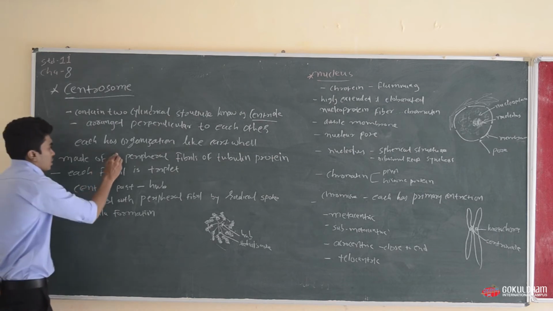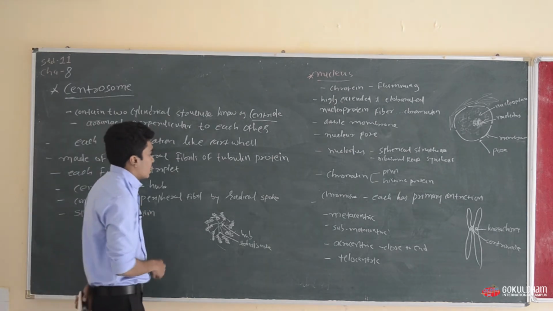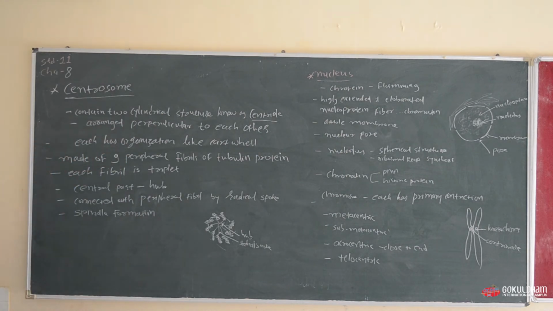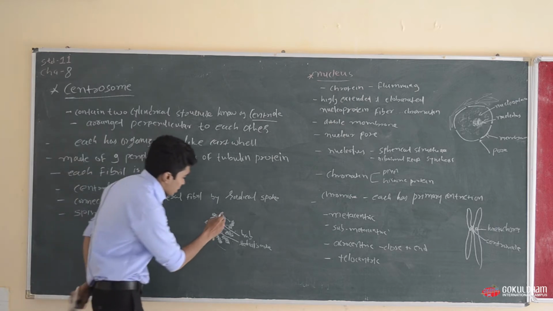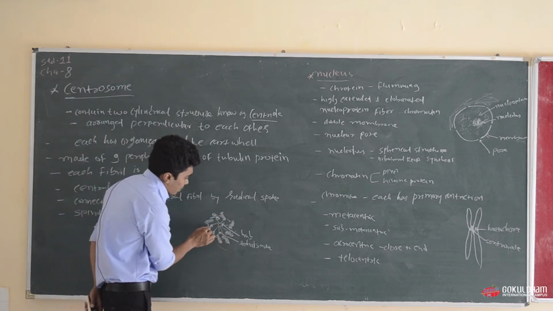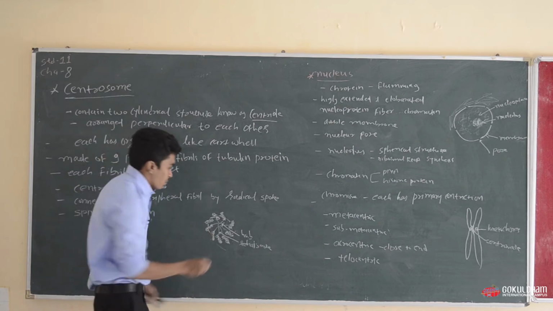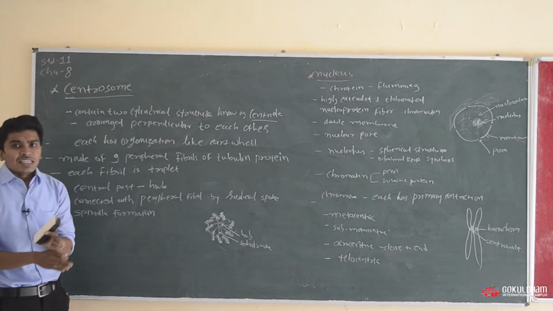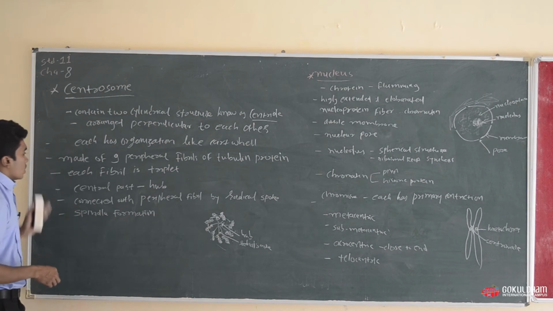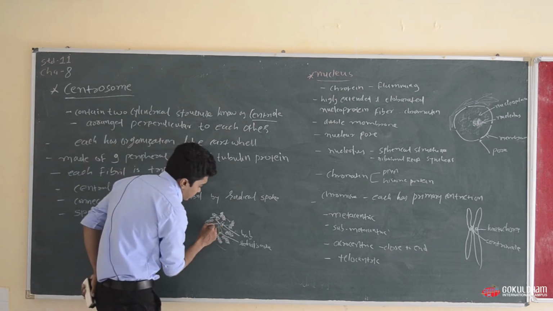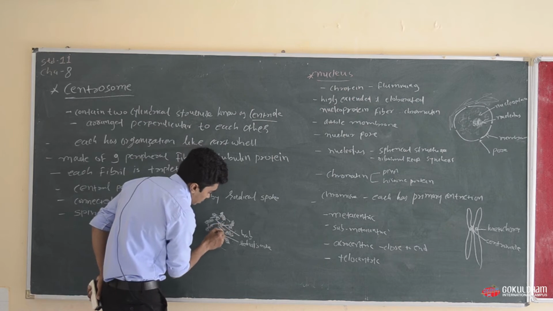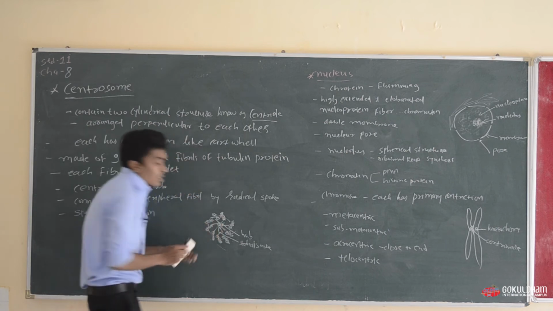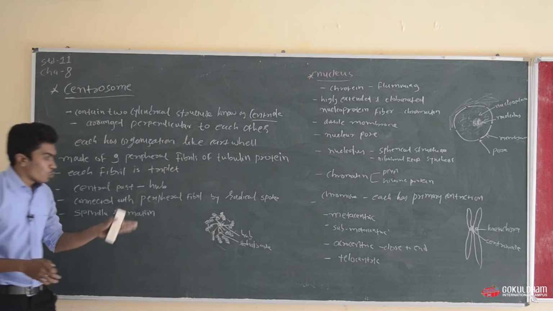It is made up of 9 peripheral fibrils of tubulin protein. You can see here these are the 9 peripheral fibrils of tubulin protein. In the central part, unlike the flagellum, there are no central microtubule proteins.